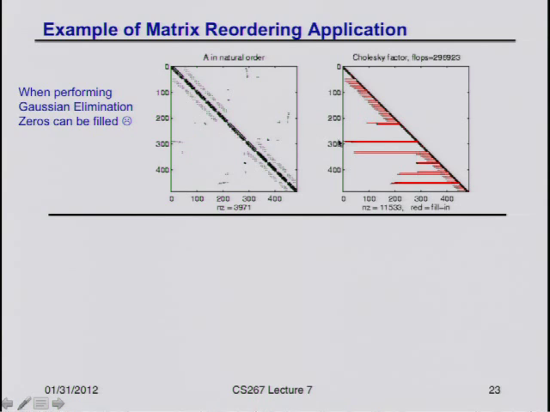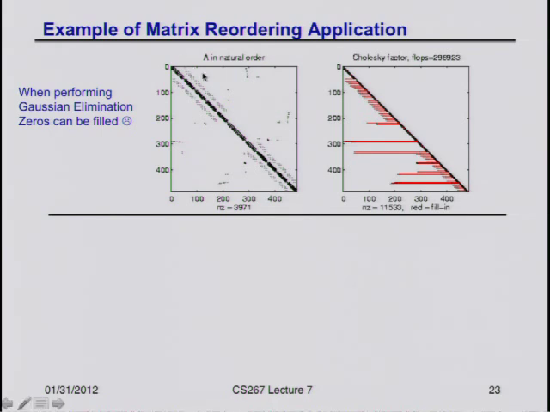The black ones were there already, and the red ones are all new. So I had to create new non-zeros where they weren't before because of the ordering of this matrix. So when I added a multiple of one row to another row to create zeros, I mean, it's just Gaussian elimination, I had to add non-zeros to previously zero entries, and so I created all this extra storage and all this extra work. And I have up here how much work I did. It turned out to be a small problem, 300,000 floating point operations to do it.